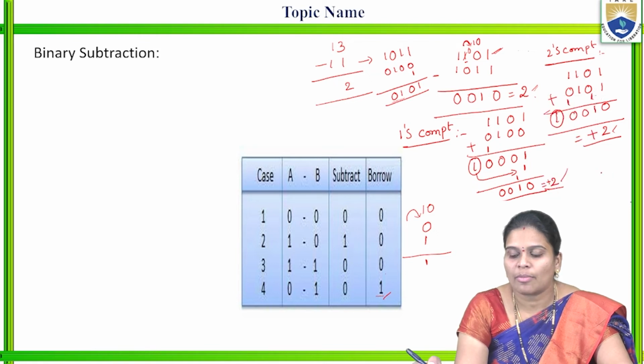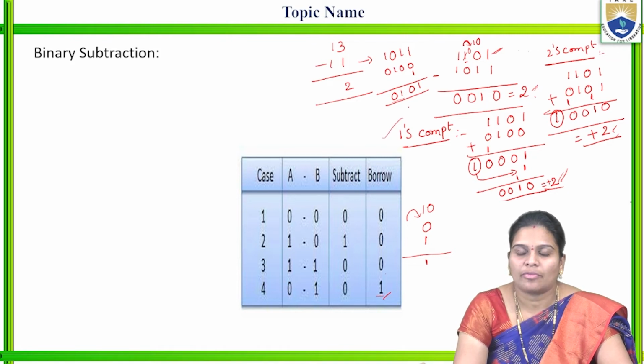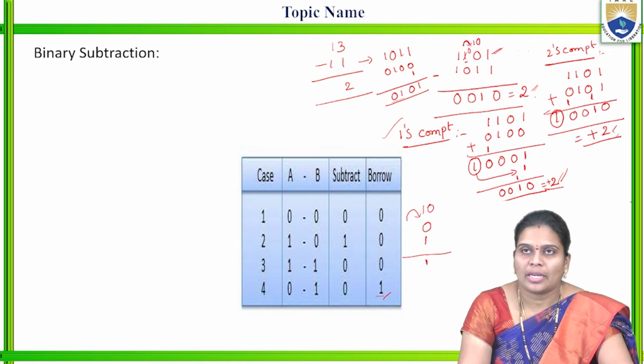In this 1's complement and 2's complement also we are getting the same result. So that's why we use the complements in digital electronics: instead of binary subtraction, we use the R's and R minus 1's complement. This is the binary subtraction.